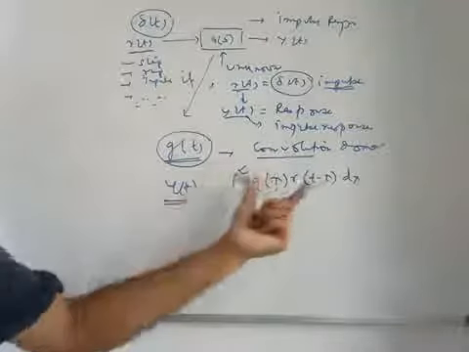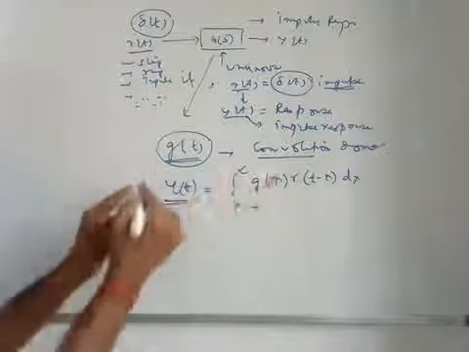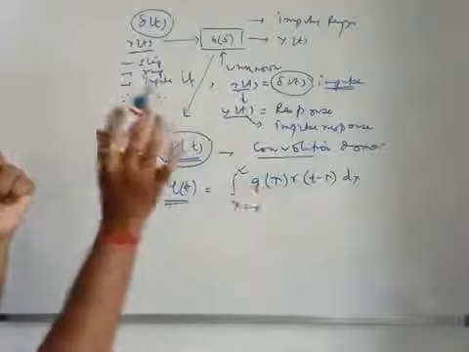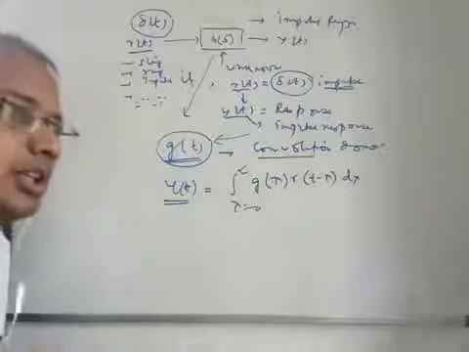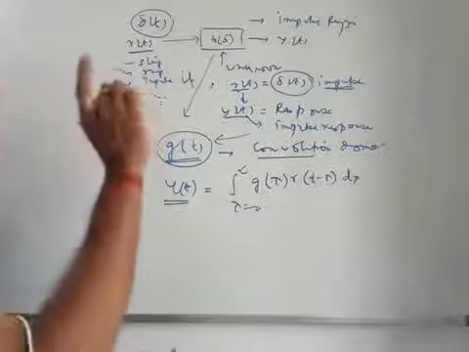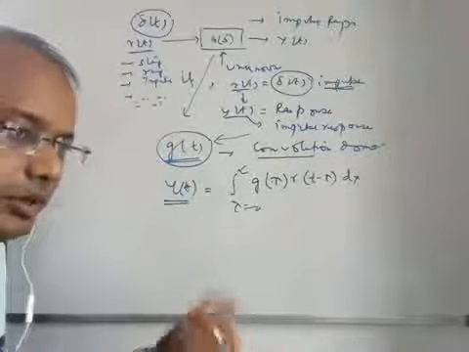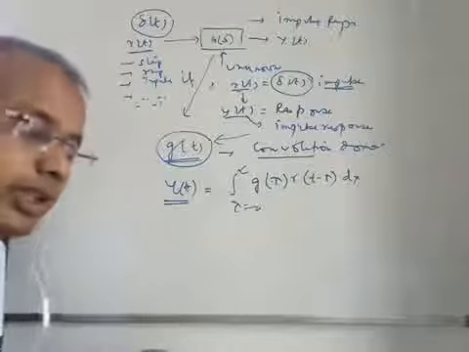So this is the relationship between the output, input, and impulse response. That means the impulse response is known to you. Impulse response is known to you means what? First of all, if we apply impulse signal to any system, corresponding to that you get the output, that is known as the impulse response.